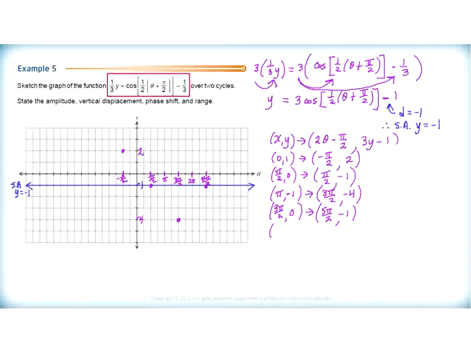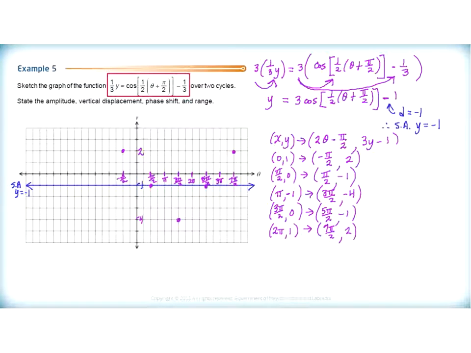And then the last point that we will substitute in is 2 pi and 1. 2 times 2 pi is 4 pi, which is the same as 8 pi over 2, minus pi over 2 is 7 pi over 2 and 2. So you had 5 pi over 2, 6 pi over 2, 7 pi over 2, and 2.